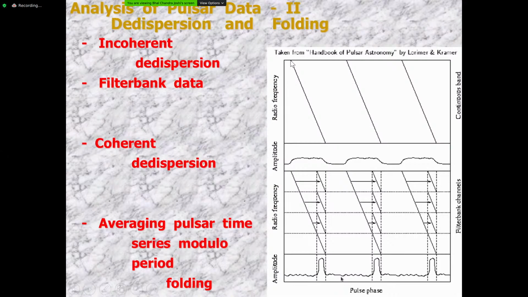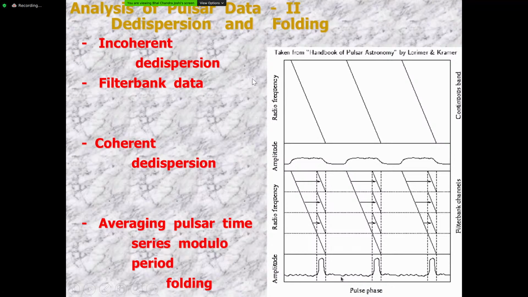As you see, the pulse is delayed progressively as a function of frequency. If you want to recover the signal to noise ratio, you need to align this pulse, which means the higher frequencies have to be shifted backwards, and the amount of shift depends on the frequency. This shifting and aligning of the pulse is known as de-dispersion.